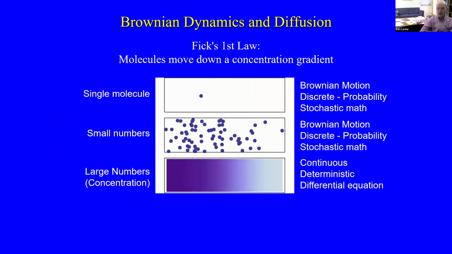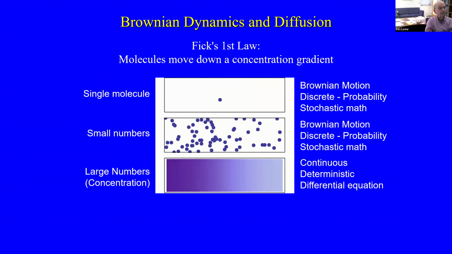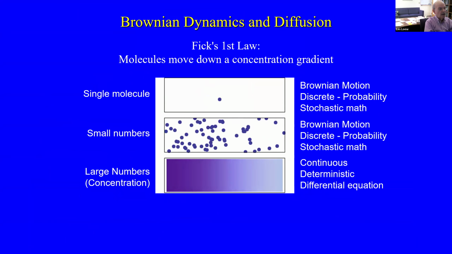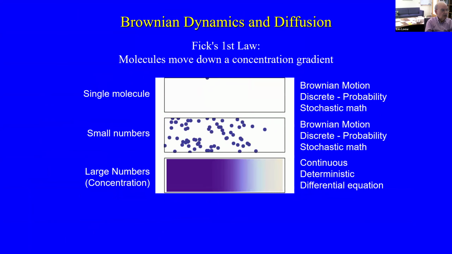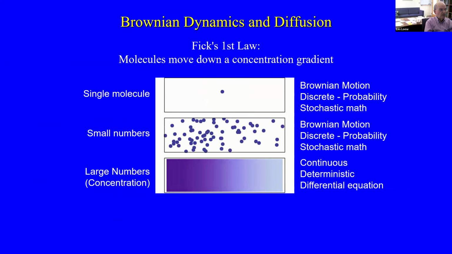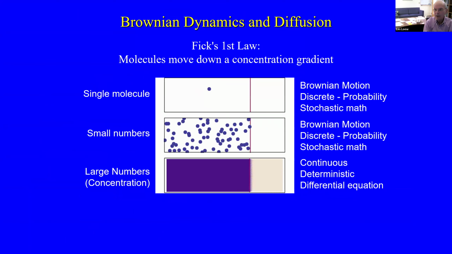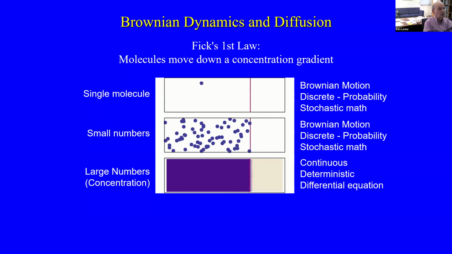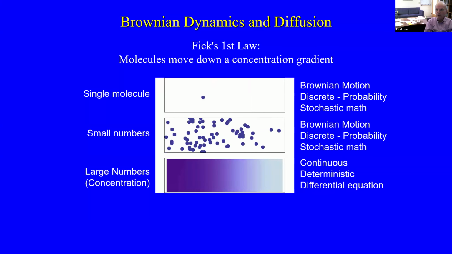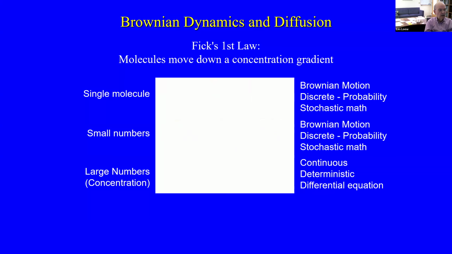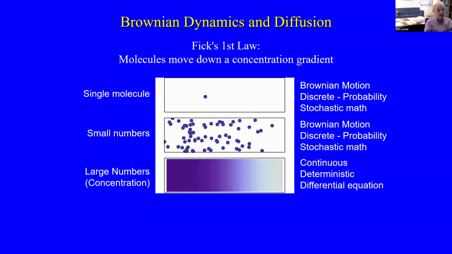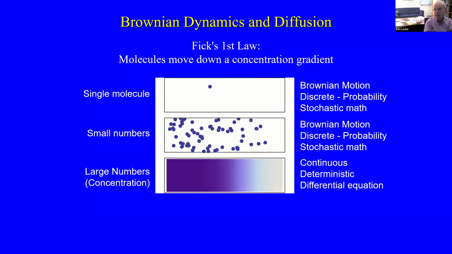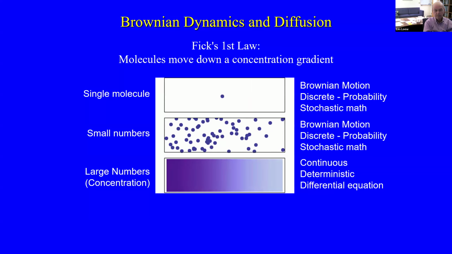Okay, so let's move on to diffusion. This is a nice little cartoon that I like to use that shows that diffusion also can be thought of as a stochastic process when you have very few molecules, but if you have a large number of molecules, it can be thought of as a continuous deterministic process that can be solved with differential equations rather than considering probabilities.